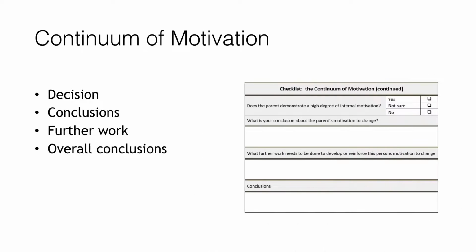The continuum of motivation concludes with a decision which confirms whether the parent demonstrates a high degree of internal motivation to change. There are 3 further sections to record additional information: the conclusion about the parent's motivation, what further work needs to be done to develop or reinforce their motivation to change, and the overall conclusion.